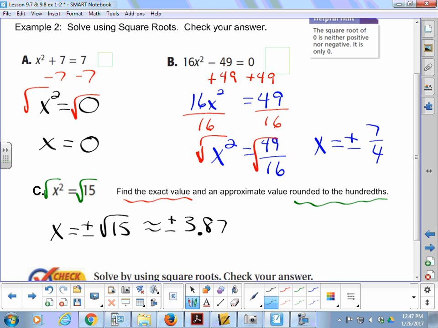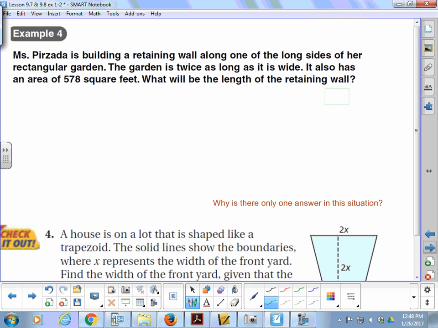So when they ask you to find the approximate, 2 decimal places, still going to have plus or minus. Okay, let's look at a word problem then.